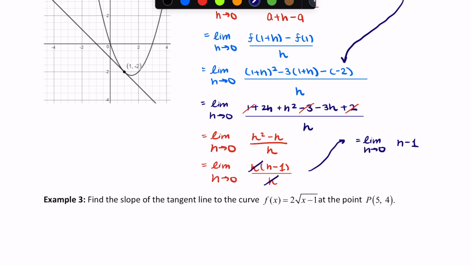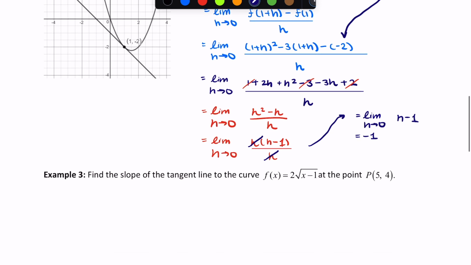So here we sub in 0, we'll get an answer of −1. And so what does that mean? It means that the slope of the tangent line at this particular point (1, −2) is −1.